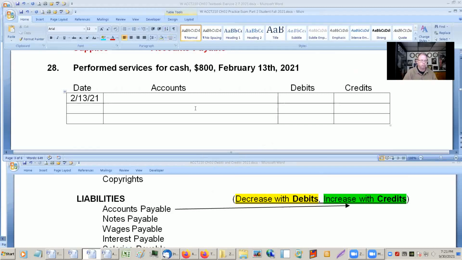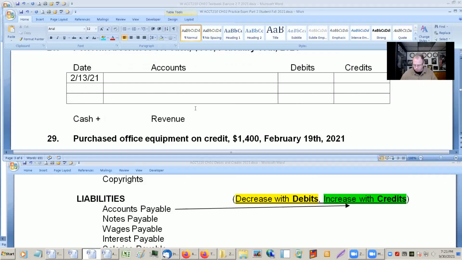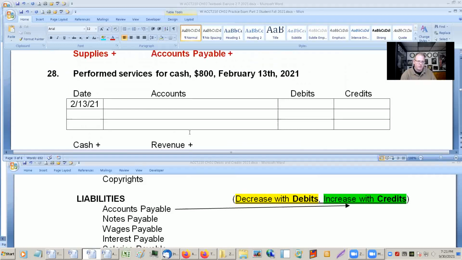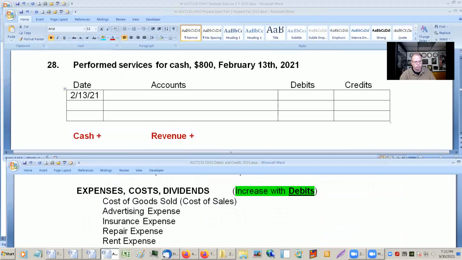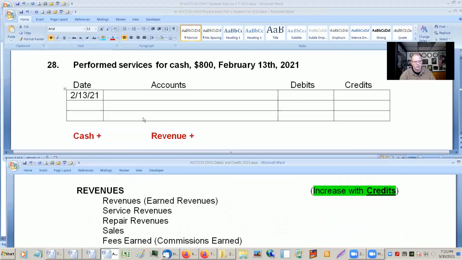Service revenue, or revenue, either one is fine. Is the cash going up or down? It will go up. And revenues are always going up. When we run into a revenue, we say yippee, because revenues always increase with credit. They're always increasing, they're always credits.